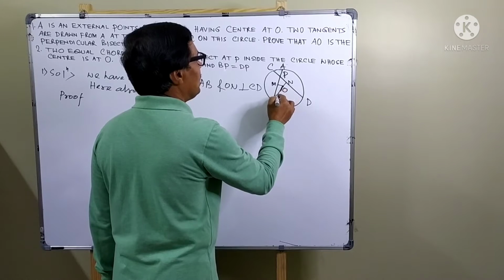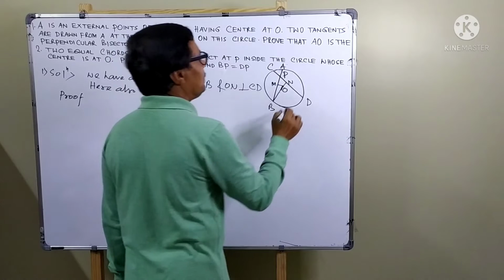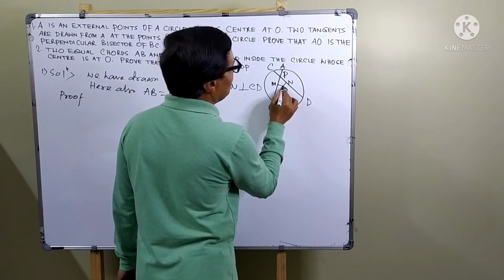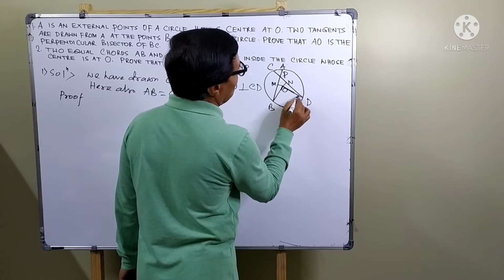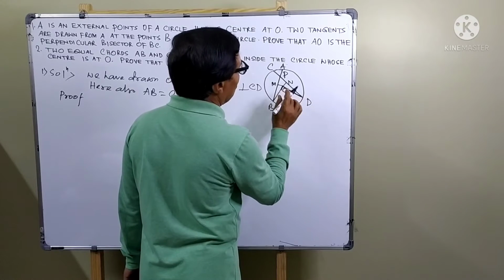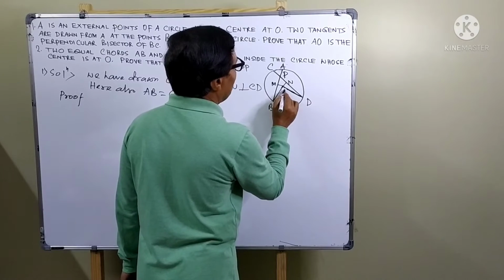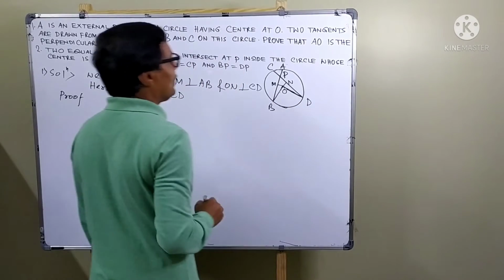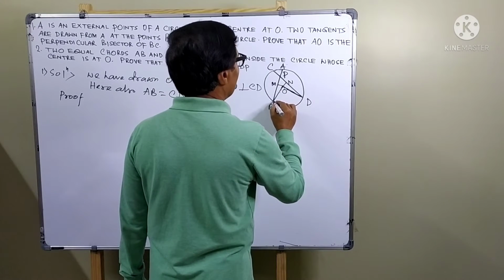That is, we have to connect O and B and O and D, and also we can connect BD.